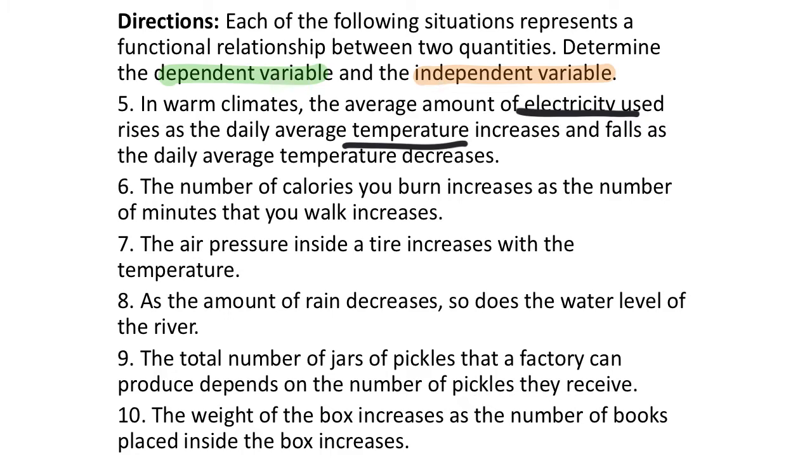Well, hopefully that makes sense, that the electricity used will depend on the temperature that it is. So temperature is independent in this case, and the electricity used is dependent. Again, it's a matter of which one depends on the other.